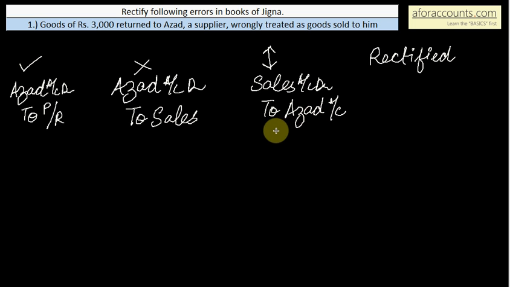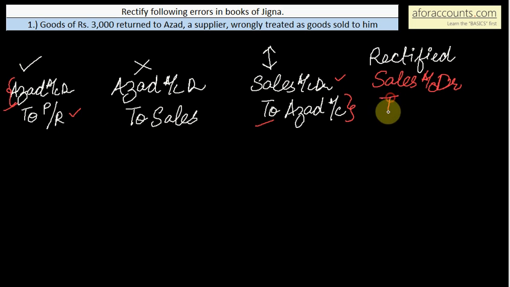Okay, and now we'll cancel the entries reversed and right. So what can we cancel? Azad. See, Azad here is debit and Azad here is credit. Cancel them, and the entry left will be sales account debit to purchase return. Sales account debit from here, and credit here purchase return.